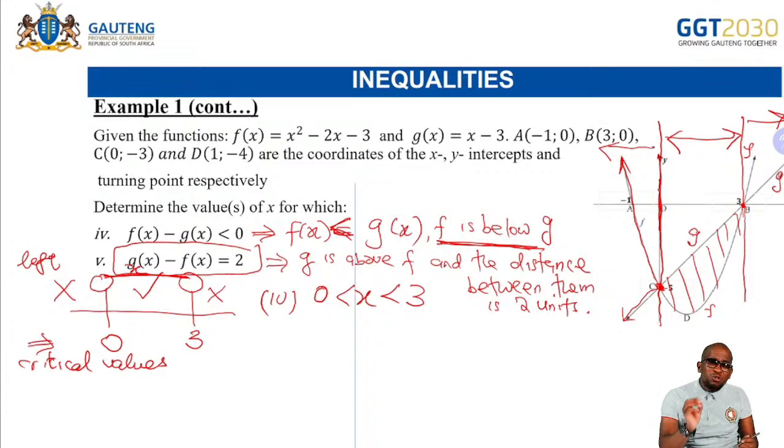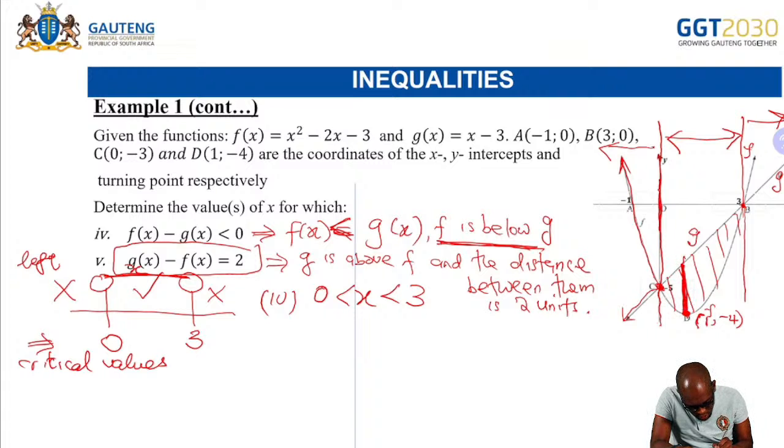If we are to locate the maximum distance between them, then we need to check at the turning point. At the turning point here, x is equal to 1, y is equal to -4. So here we have 1 and -4. Let us locate a vertical point on the straight line when x is equal to 1.